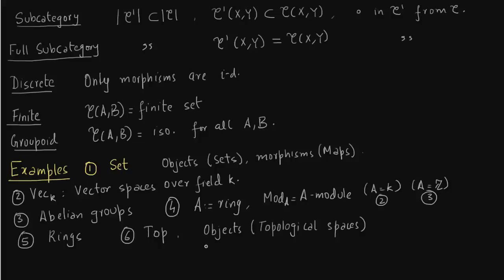So let us write this down. Objects are topological spaces, morphisms are continuous maps, and isomorphisms are homeomorphisms.